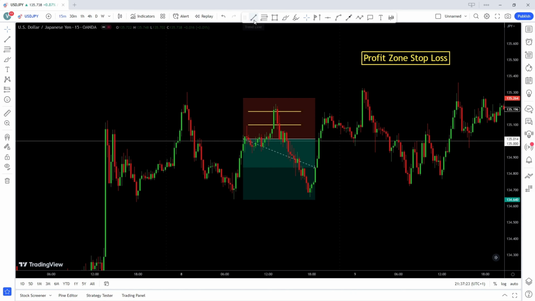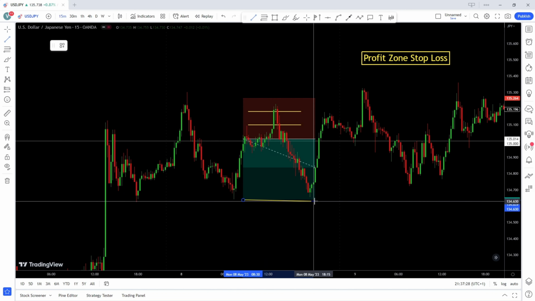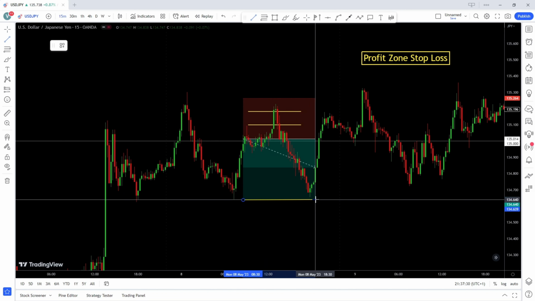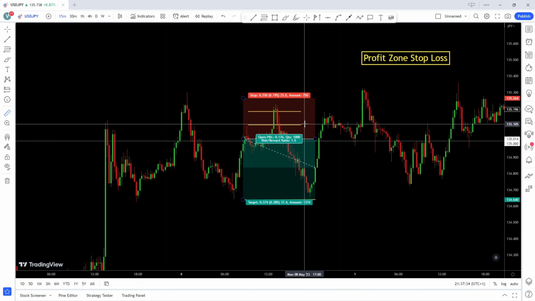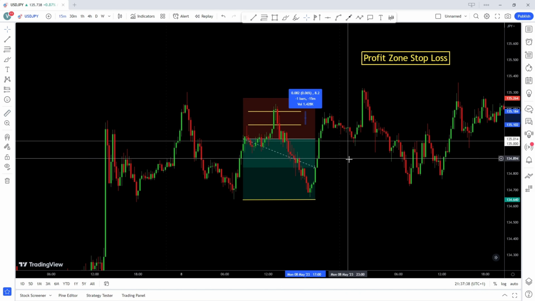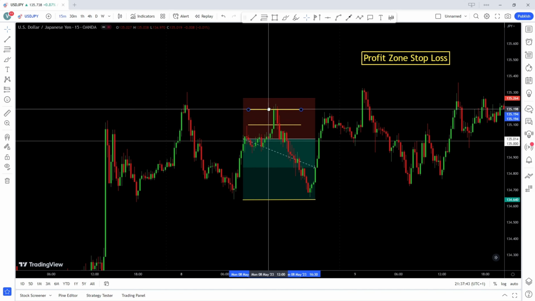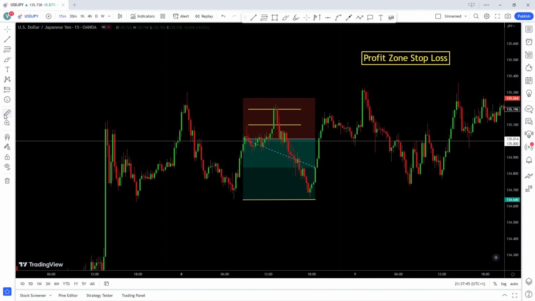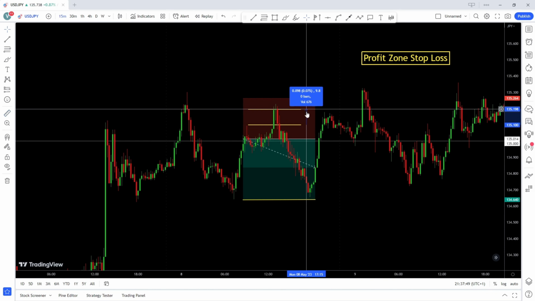The stop loss of the buy stop will be at the exact level of the take profit of the sell. If we measure up to here, we'll widen that a little bit more, so it's about 8 to 10 pips. Now if we measure the buy stop, that's around 10 pips.